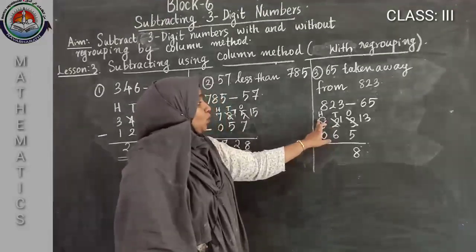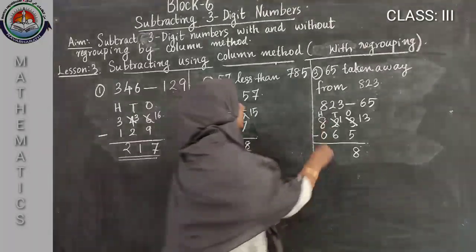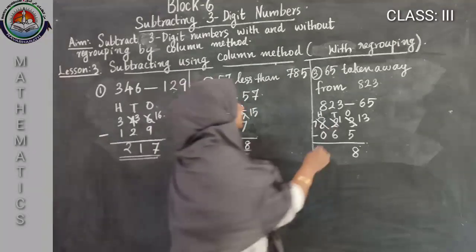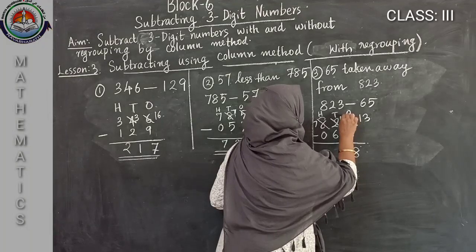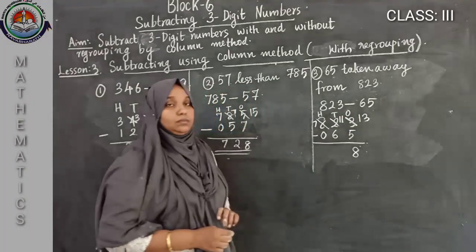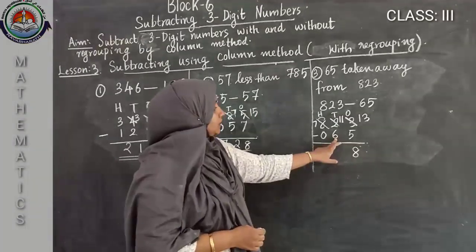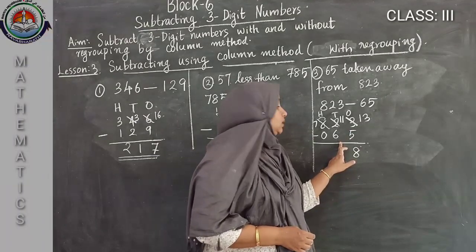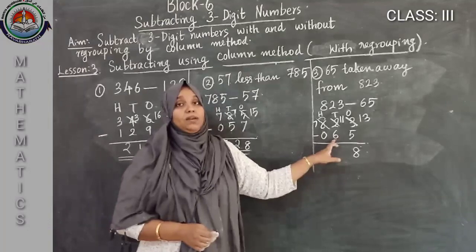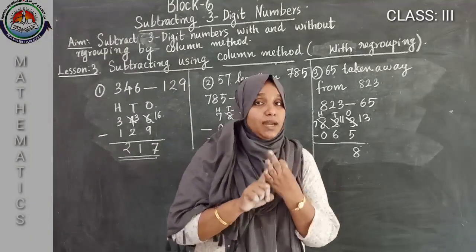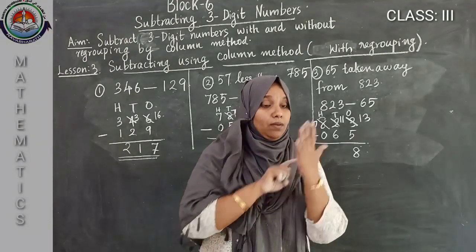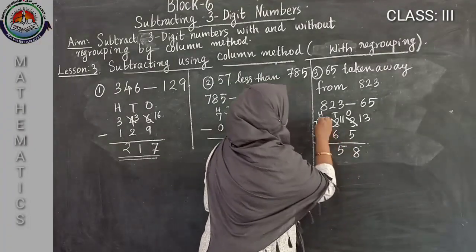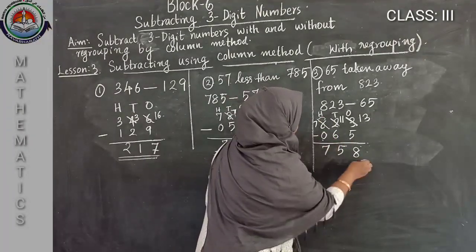So we have to borrow 100 from here. So this becomes 7 and this number becomes 11. Then 11 minus 6 we have to do. How to do that? Keep 6 in your mind. 7, 8, 9, 10, 11. So it is 5. Then 7 minus 0 is 7.